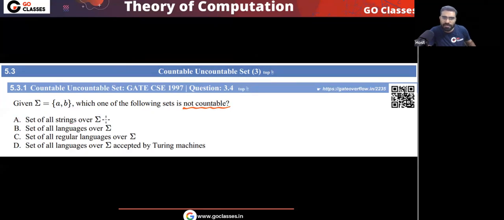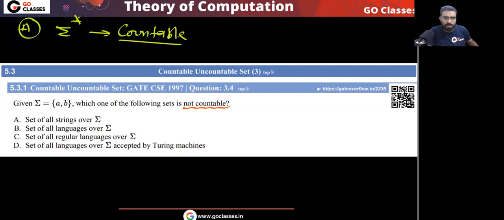Set of all strings over sigma, that is countable, right? If you look at option A, this is your sigma star. And we know sigma star is countable. What about option B?